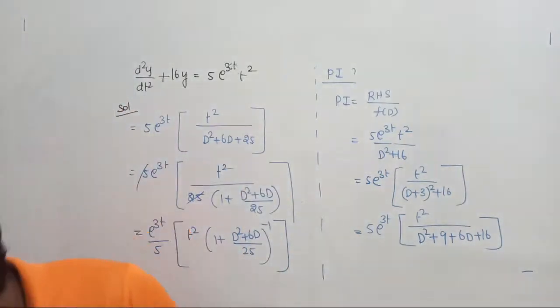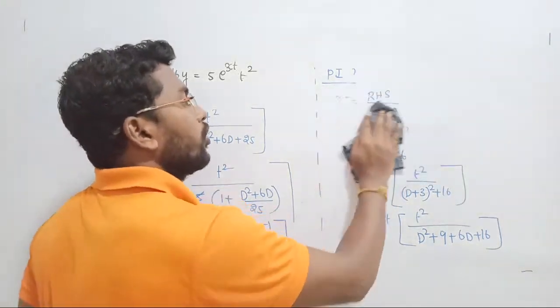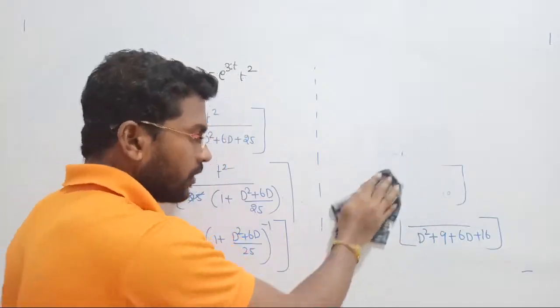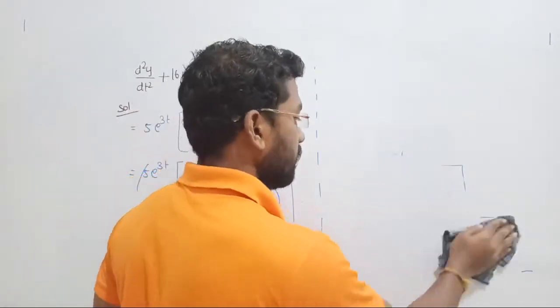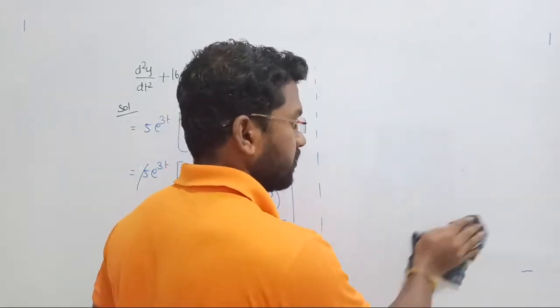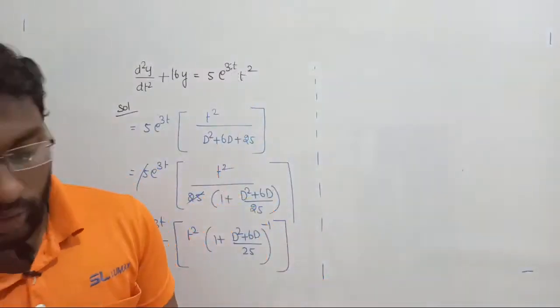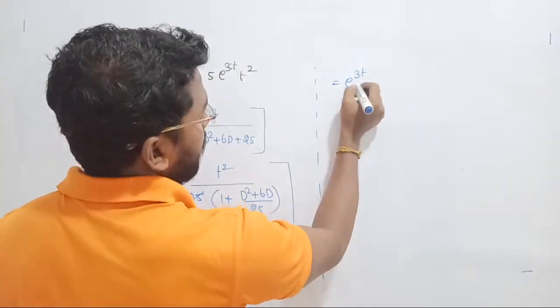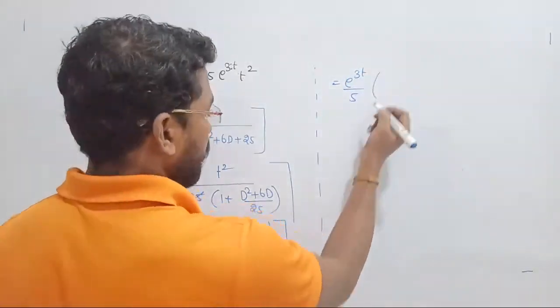Yes, yes. Now, if you want to proceed further, let me rub all these things, right? Slowly we will bring the answer. Don't panic, do it by yourself. Don't wait for me because you know how to proceed further. We have seen these things many times. So the answer for this is e power 3 times t upon 5 into in bracket.